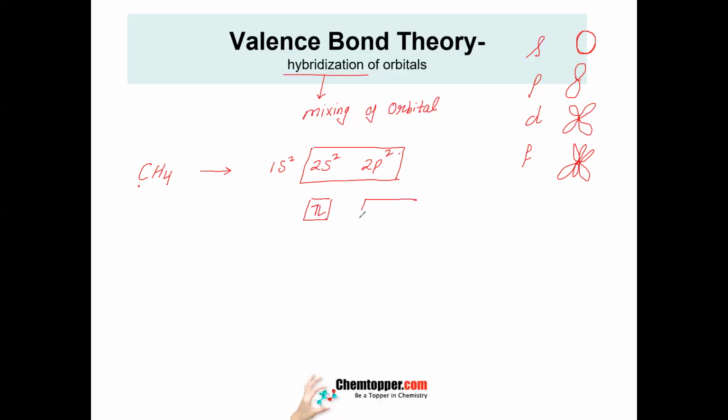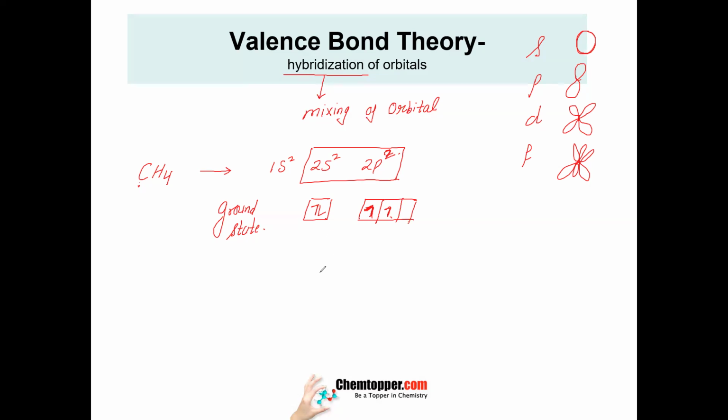And in the p subshell, we have 3 orbitals, right? And these 2 electrons are present according to Hund's rule, unpaired. This is called the ground state. Ground state of carbon. Do you think carbon can make 4 bonds with this ground state?